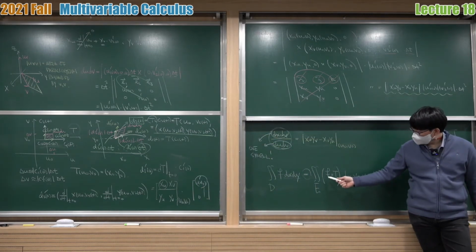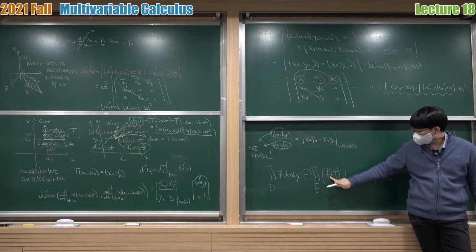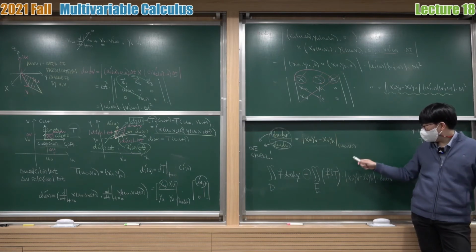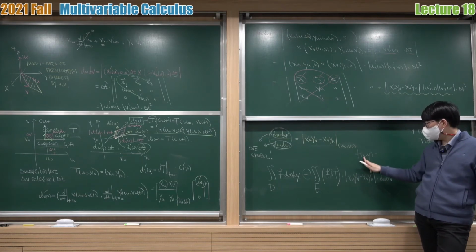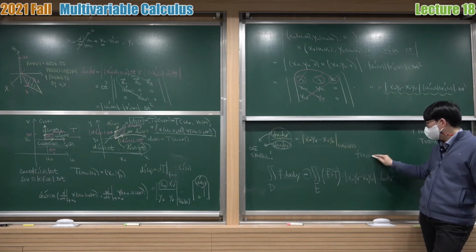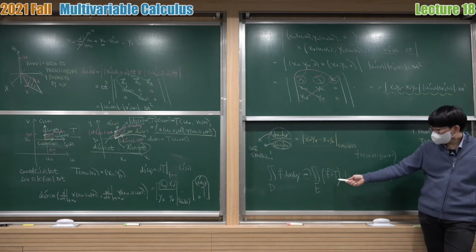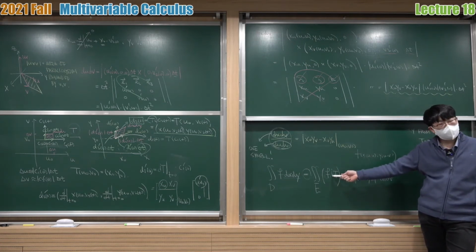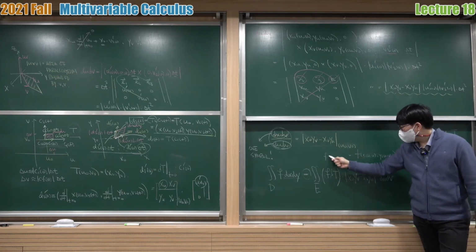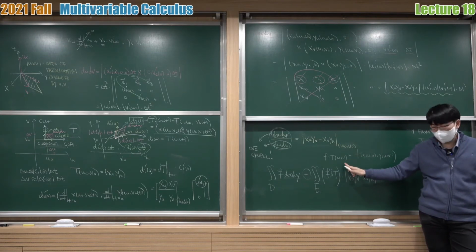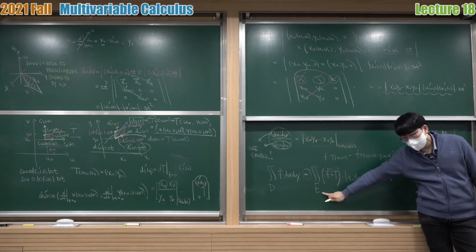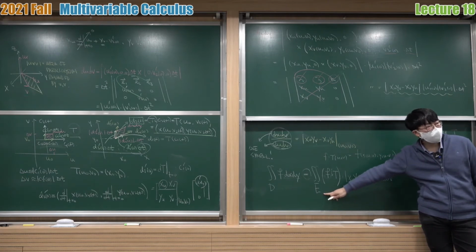And then if you take the composition of f and T, what happens is that first you have the function f(x, y), but you replace x with x(u, v) and y with y(u, v) when you do the composition, right? So this is f composite T. So now it becomes a function of uv. So everything is in uv. Even E is a domain in the uv plane. Okay?